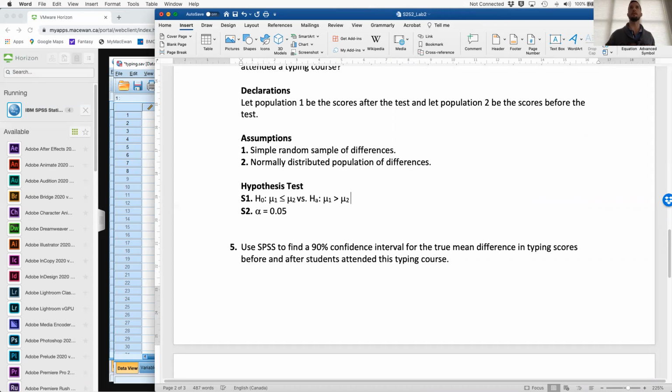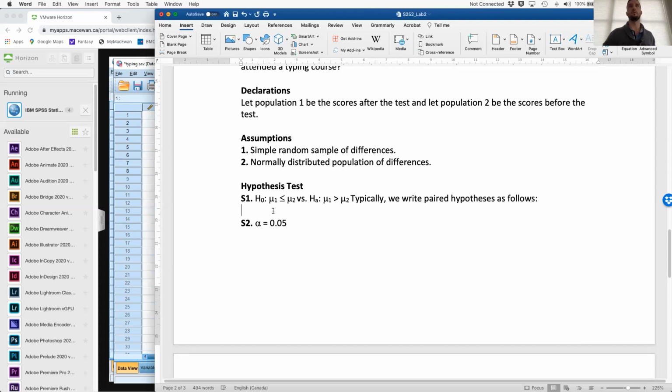But typically we write paired hypotheses as follows. In the place of mu1, we will have mu d, and then the null is mu d less than or equal to 0, and the alternative is mu d greater than 0.